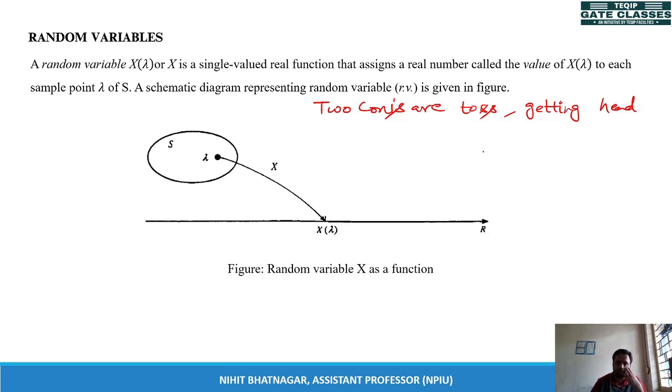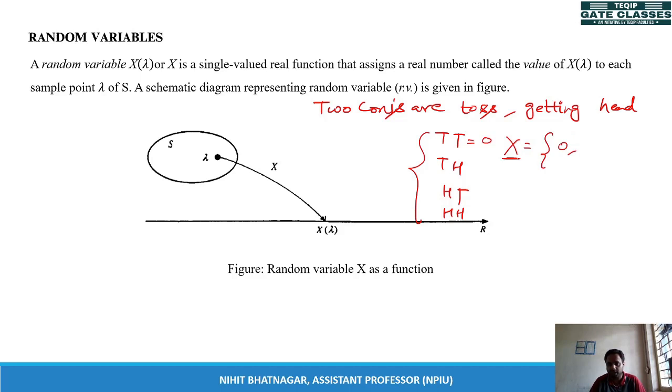When 2 coins are tossed, the possibilities are tail head, head tail, head head, and tail tail, and our concern is heads. There are 4 possible ways of getting results. So we define a random variable x, which denotes the number of heads that come in the event of tossing 2 coins. In this case the number of heads is 0. The first value is 0.